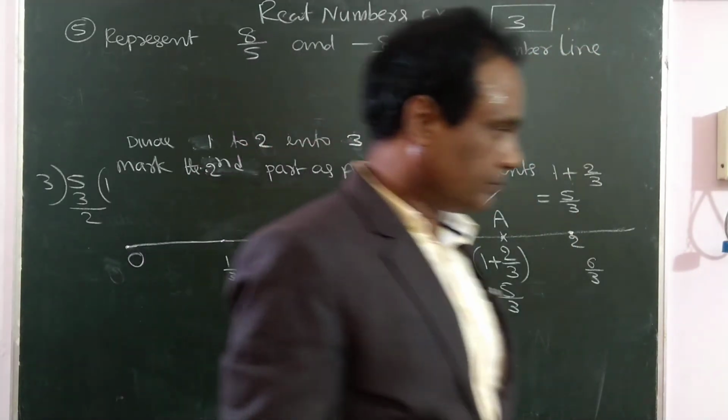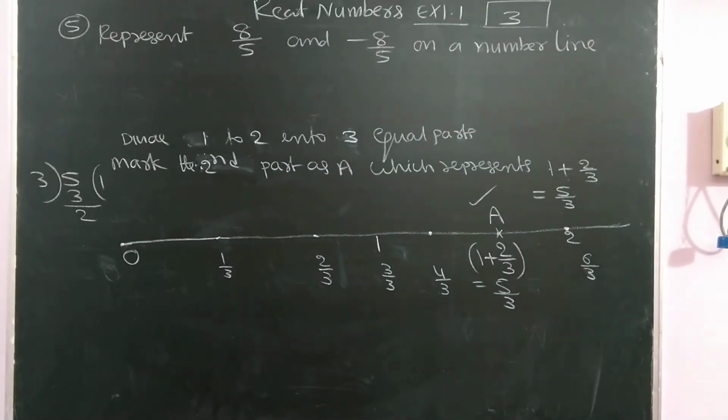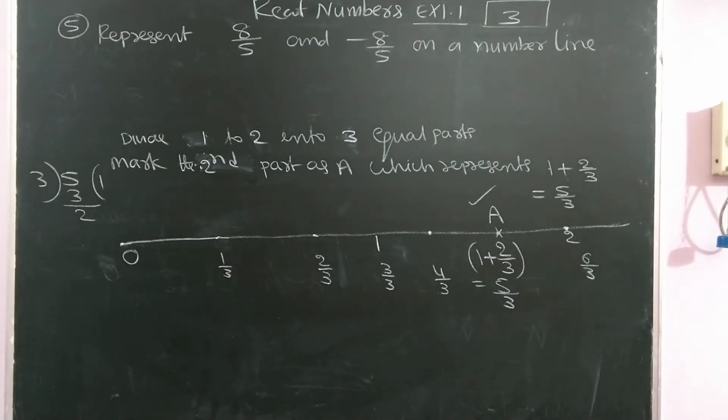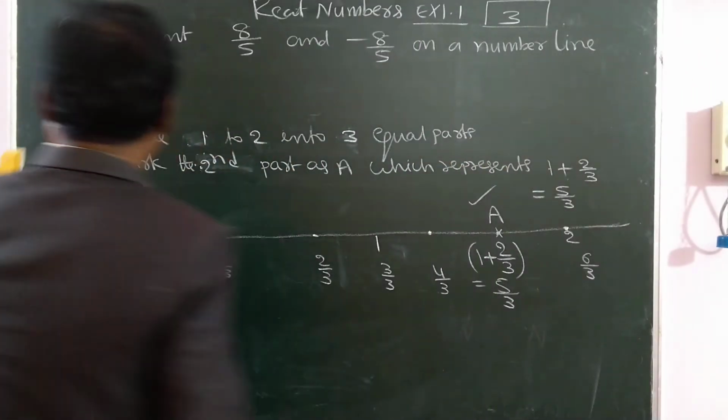Write down this question: represent 8 by 5 and minus 8 by 5 on a number line.